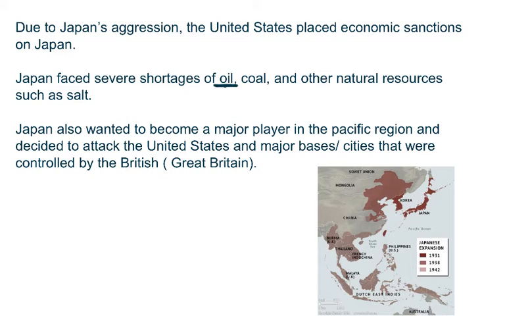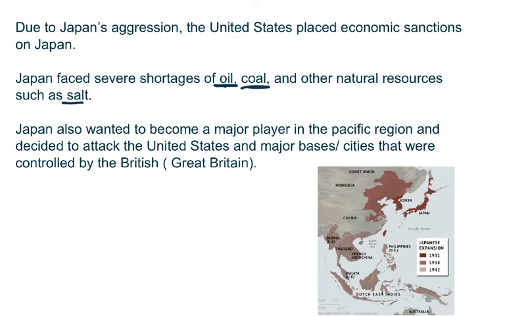For example, oil was in really low supply in Japan, and coal, and those two are extremely important when it comes to running vehicles, factories, military machines, etc., and other resources such as salt, which once again is a major reason why Japan started invading these places in the first place, because they wanted more natural resources. Japan, not being a very large country, has very limited natural resources.